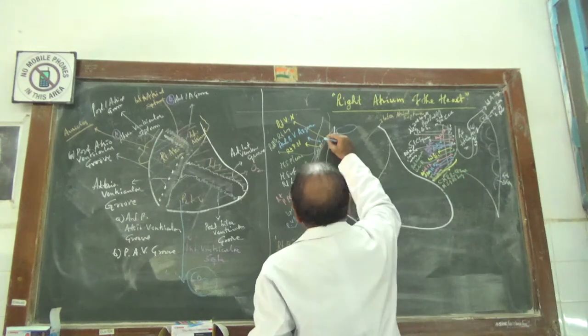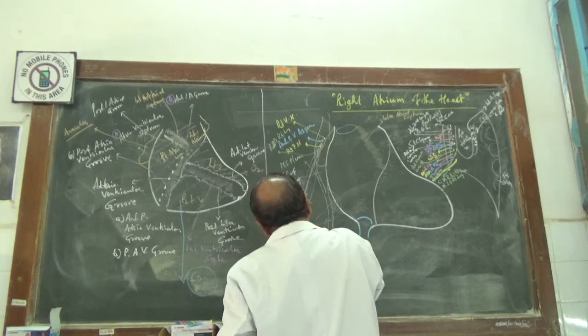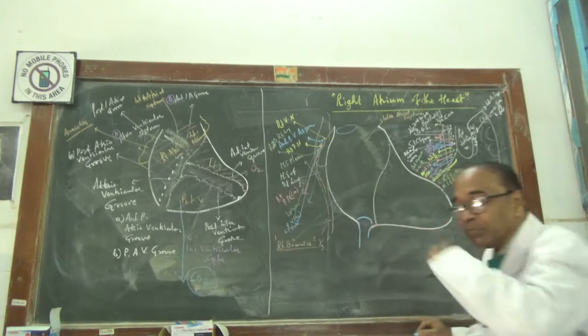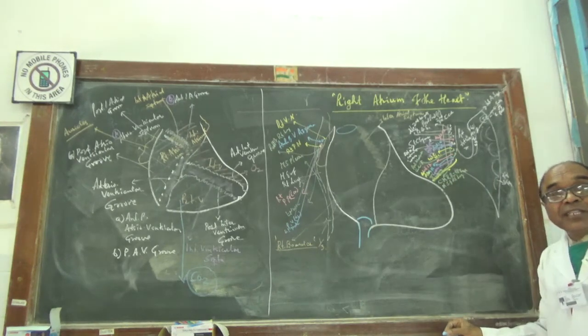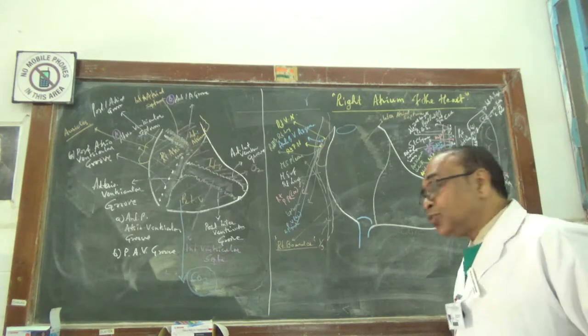The covering of these veins is the pleural sleeve, which is nothing but an extension of the pleura to the vessels.